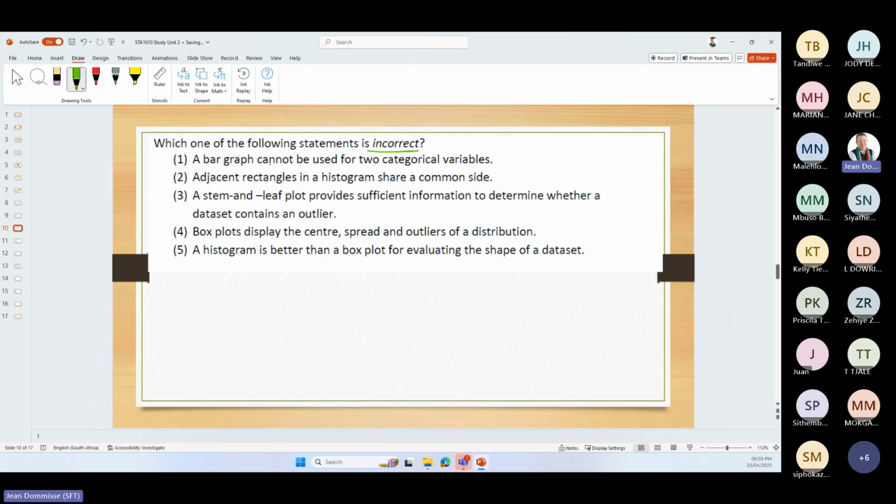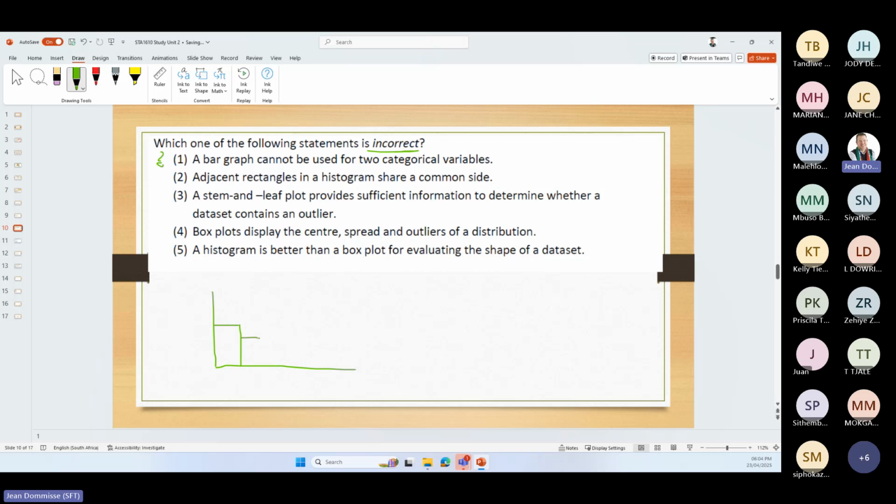The bar graph cannot be used for 2 categorical variables. Okay, that really is for me a question mark. Adjacent, sure. Okay, so now we're going into real theory. Adjacent rectangles in a histogram share a common side. So let's draw that.